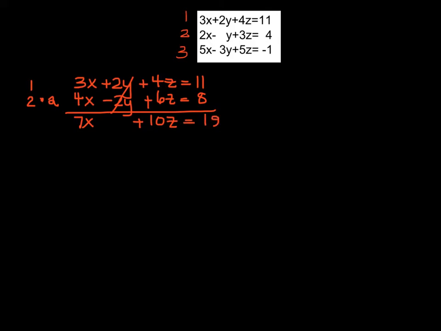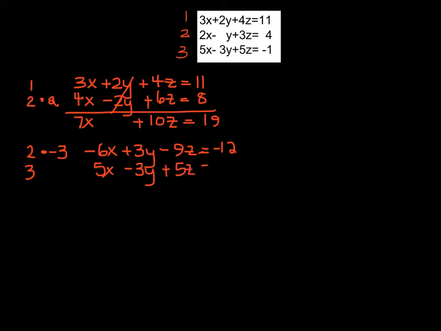Now I'm going to take equation 2 and multiply that by negative 3, and I'm going to take equation 3. If I multiply equation 2 by negative 3, I get negative 6x plus 3y minus 9z equals negative 12, and 5x minus 3y plus 5z equals negative 1.